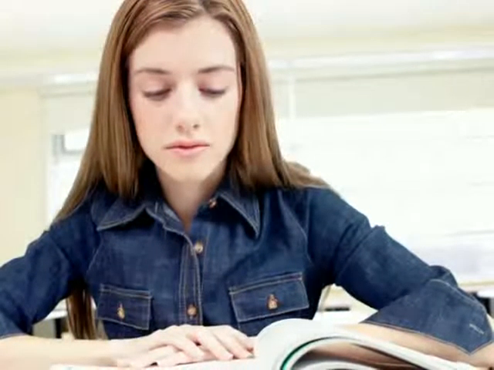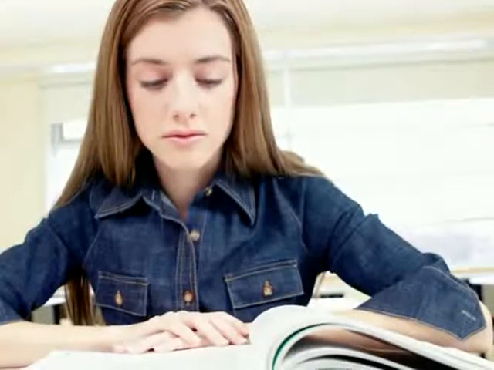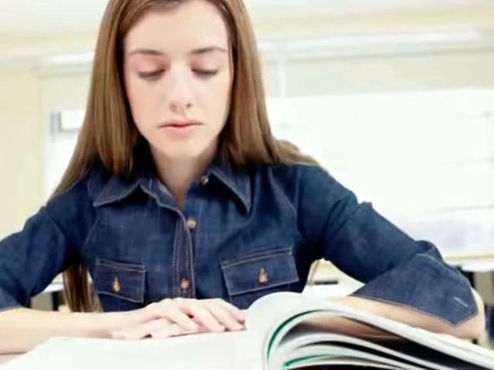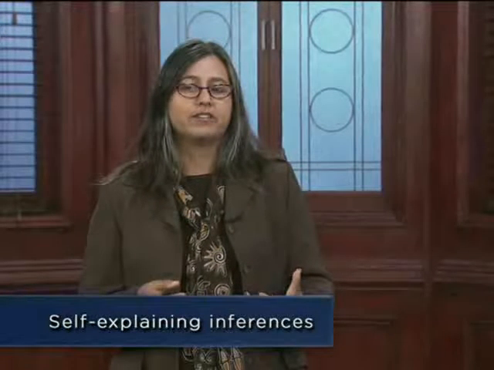Self-explanations include things like restating, summarizing what's in the problem or the text, and other ways of bringing together what's in the text with what the person already knows. Finally, some of what people say are what she and colleagues call self-explaining inferences, and these are particularly good. These are statements that go beyond what's in the text and make inferences about it.